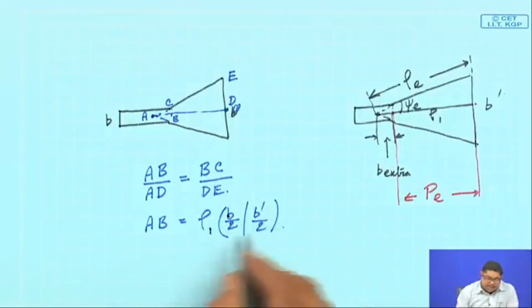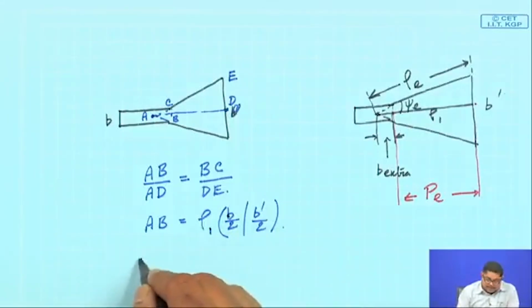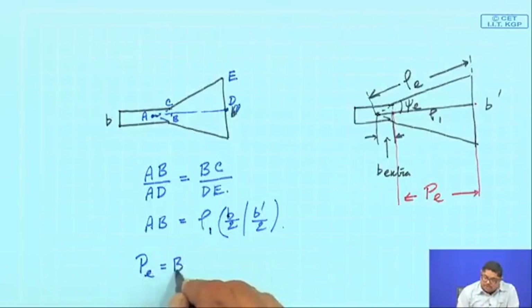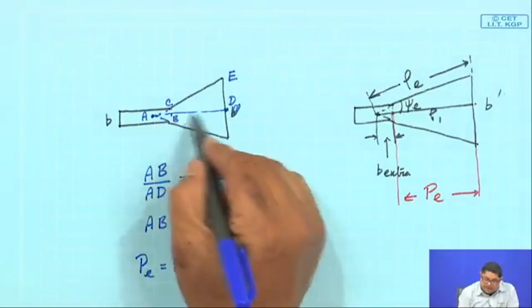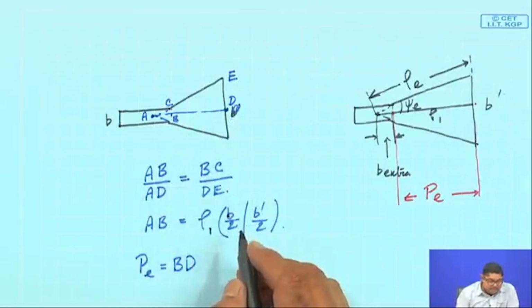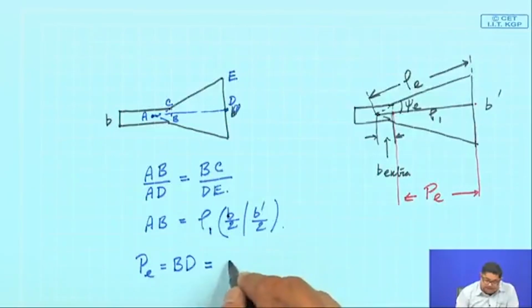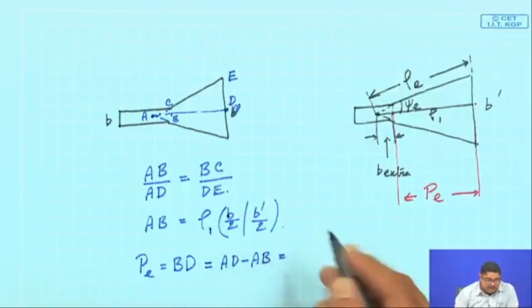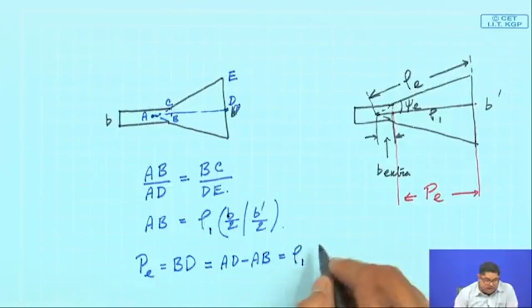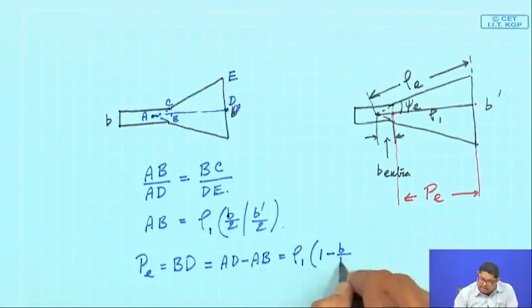So, I can now write that P is equal to BD, you see BD, and that means AD minus AB, and that means rho 1 minus B by B dashed.